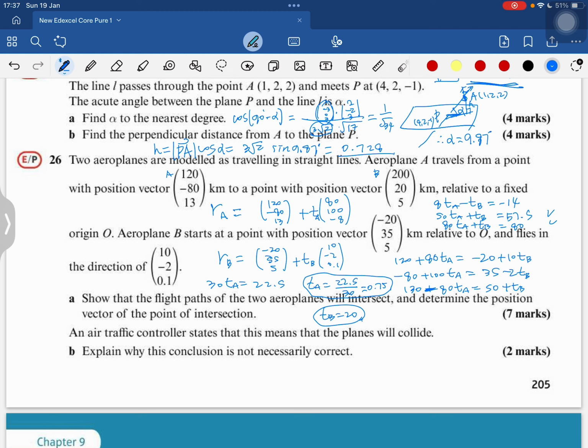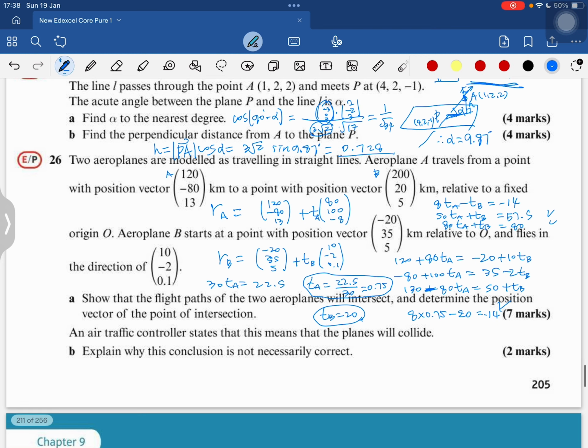So this one, I need to verify it for the first equation. So 8 times 0.75 minus 20 becomes negative 14, which is true. So they meet together when TA is 0.75 and TB equals 20.